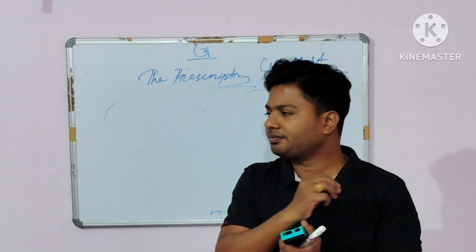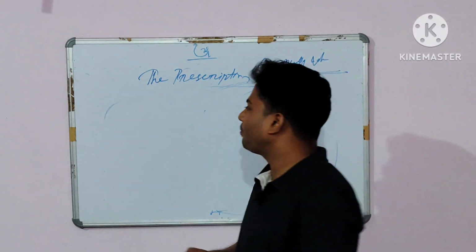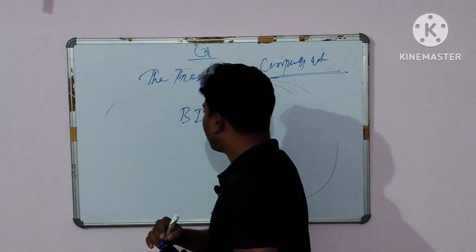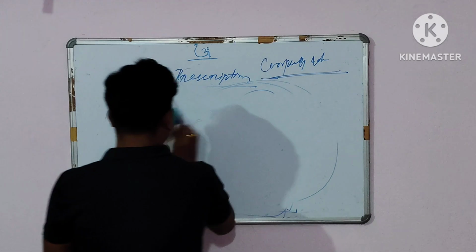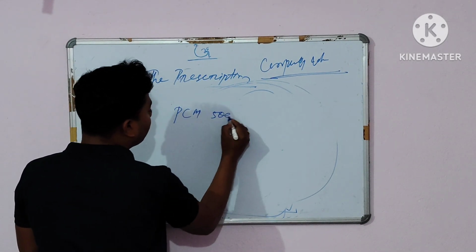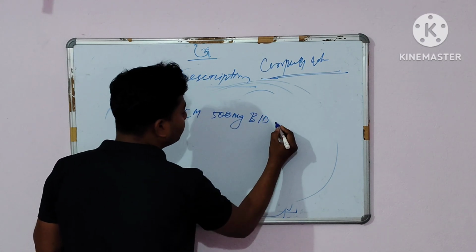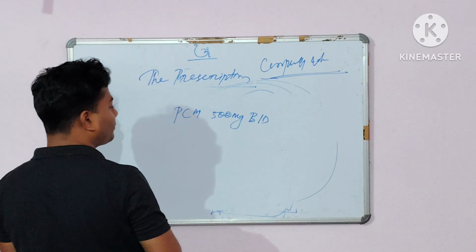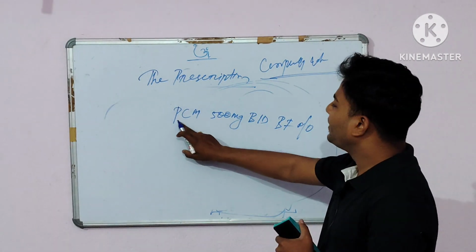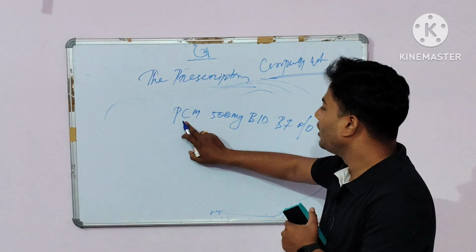Okay, so what does abbreviation mean? As an example, I am giving one example, that is BID. Paracetamol 500 mg, BID, or PCM, that means paracetamol, that is the short form, PCM.